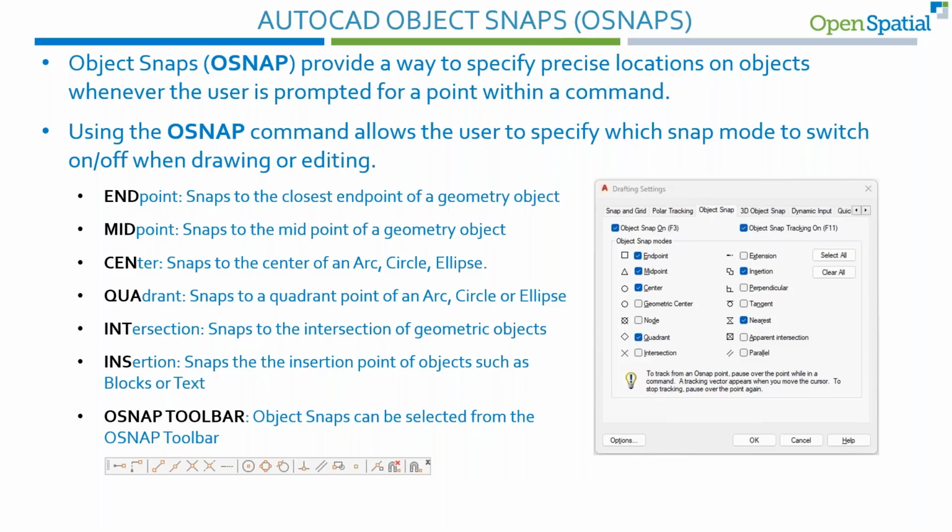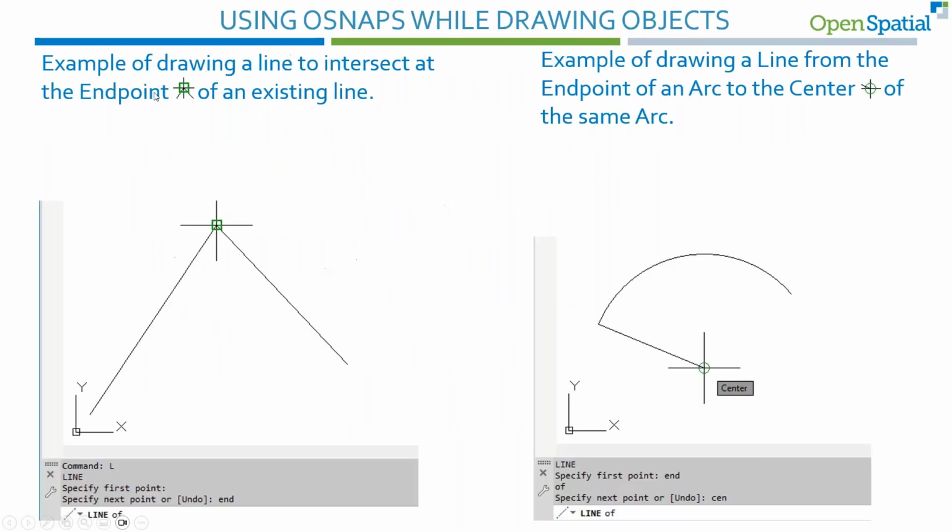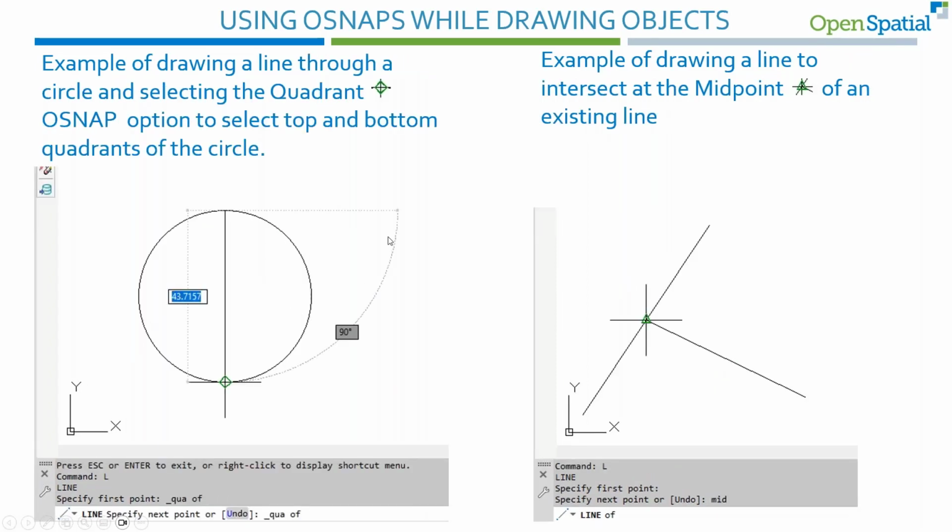Then you've got the snap mode toolbar. So in terms of using this snap, it gives you these symbols that are then explained. So if it is the end of a line, it's that square, or the center of a circle, it is that, or of an arc, it will give you that snap. So it's just interpreting these symbols and how that would work.